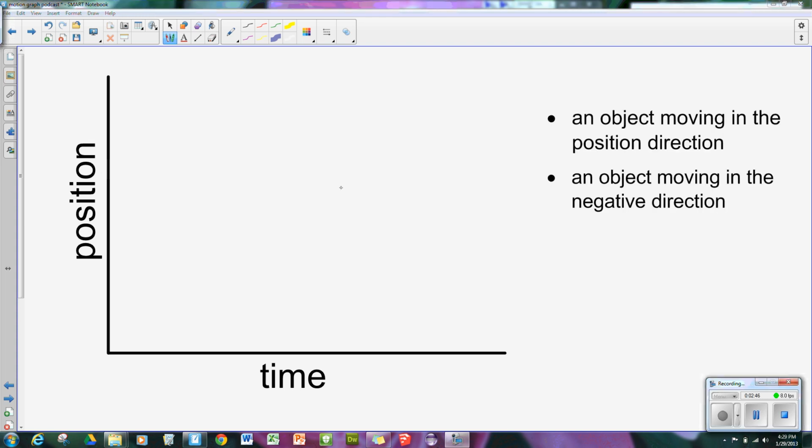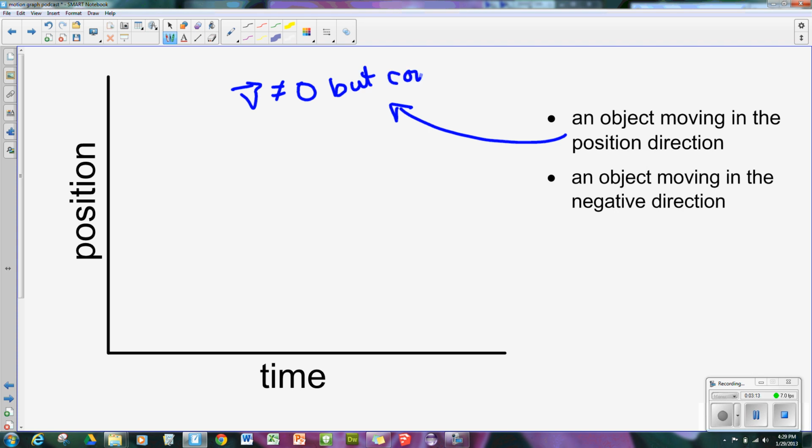Now let's think about an object that's moving at a constant speed in the positive direction and an object that's moving at a constant speed in the negative direction. If we think about an object that's moving in the positive direction and we want a constant speed, we can say the velocity is not equal to 0, but it is a constant.